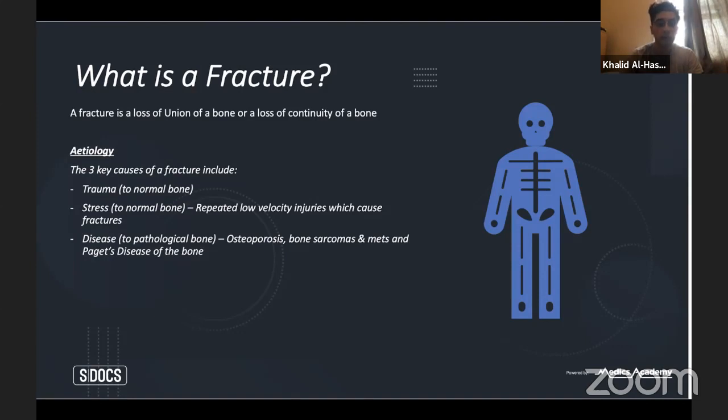And the third one is disease, so pathological bone. Examples of this would be osteoporosis, which is a state in which there is reduced bone density, particularly seen in elderly patients, bone sarcomas, which are primary bone tumors, and metastases from other primary sites, such as prostate or breast, and Paget's disease of the bone.